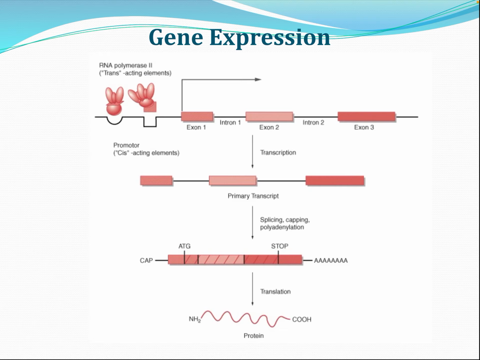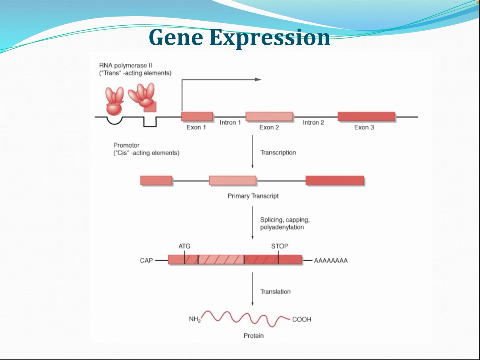As seen in this picture, RNA polymerase II is attached to the DNA sequence at the promoter region. After the introns are removed by a process called splicing, the exons are linked together to form the primary transcript.